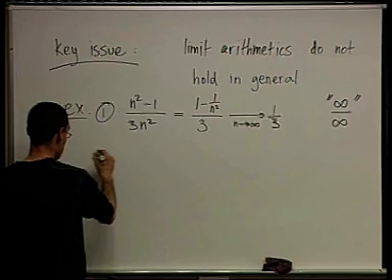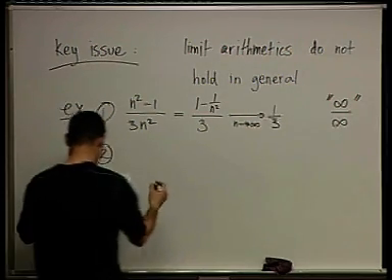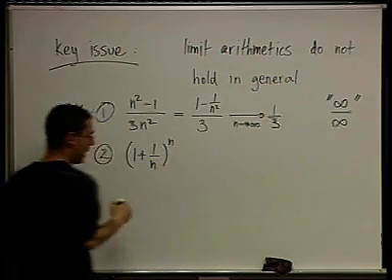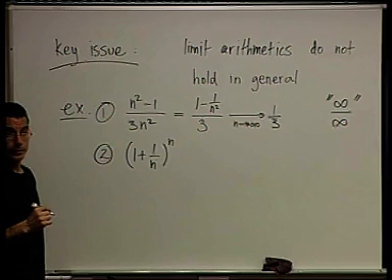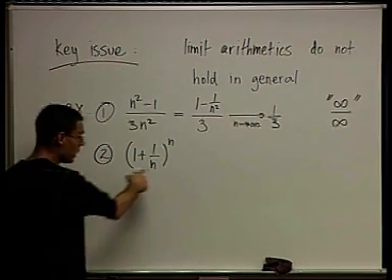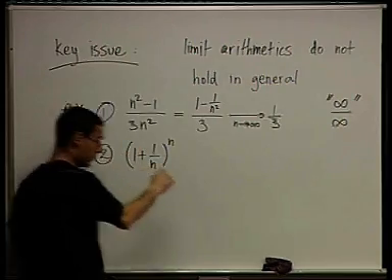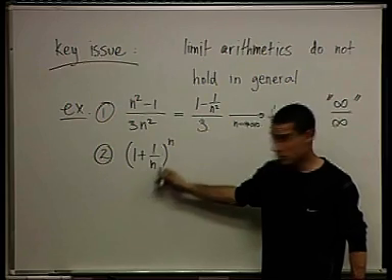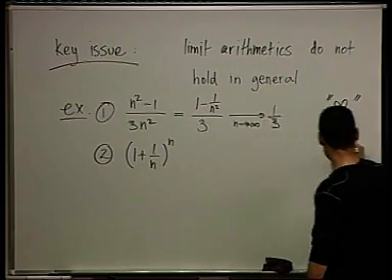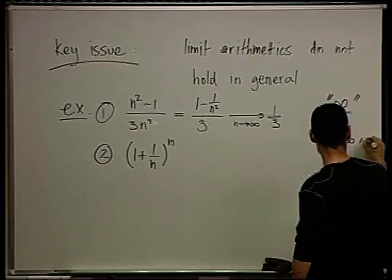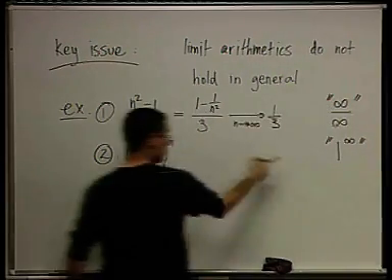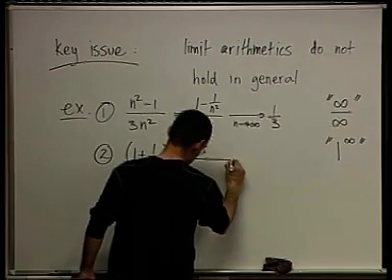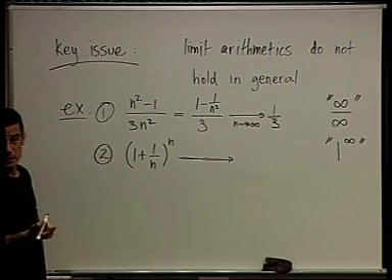Another example, this one we're going to discuss further. 1 plus 1 over n, to the power n. So, do you agree that this is of the form, the stuff inside the parentheses goes to 1, because 1 over n goes to 0. So this is of the form 1 to the power infinity. Do you agree? Yes. But the limit of this thing, so you would guess that the limit is 1, right?